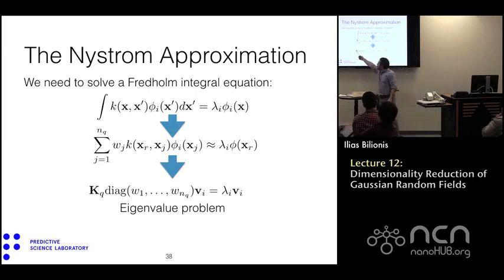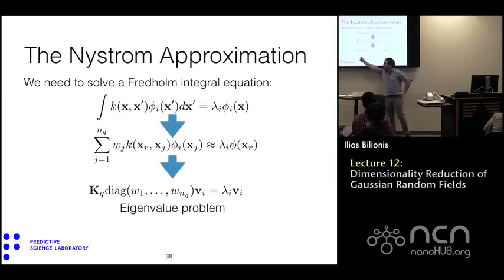So that K here is basically the covariance matrix evaluated at all the quadrature points that you have picked. This is the diagonal matrix that contains the quadrature weights, the unknown eigenvector, and that must be equal to lambda times the unknown eigenvector.